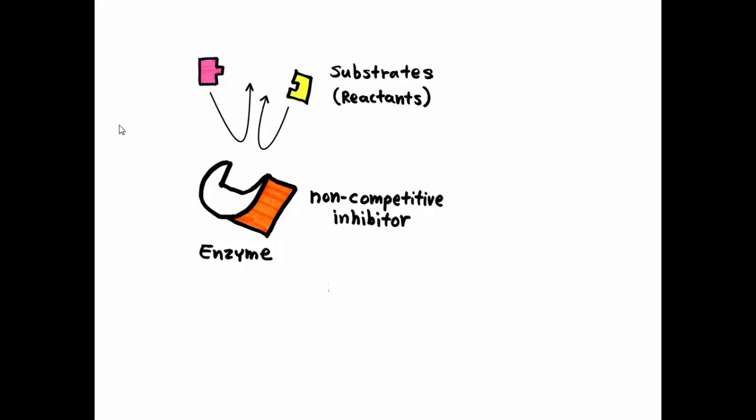Once significantly changed, the active site, not having its proper conformation, will now not be able to accept substrates. So non-competitive inhibitors can effectively shut down or slow down chemical reactions by attaching to somewhere other than the active site.